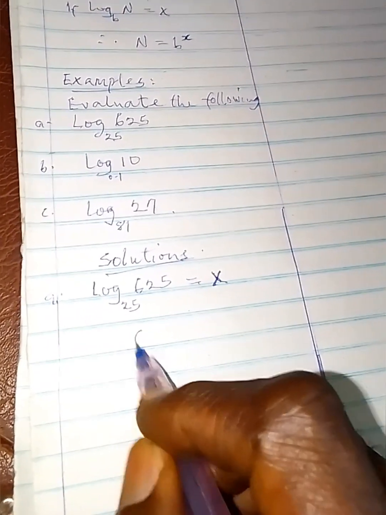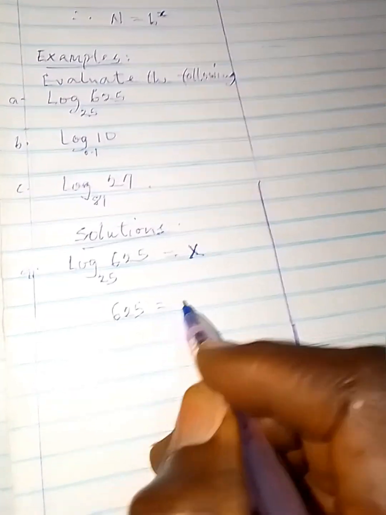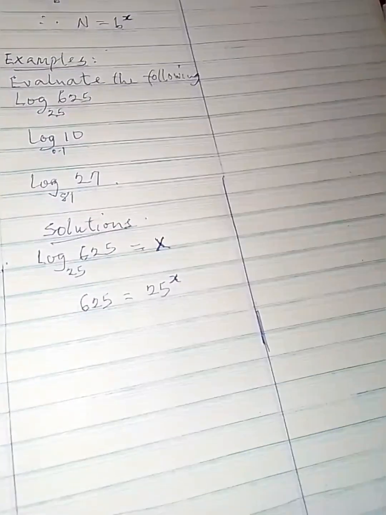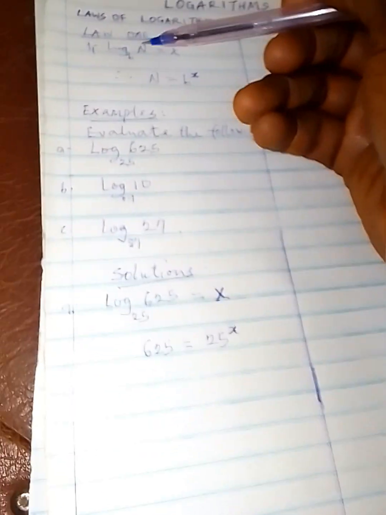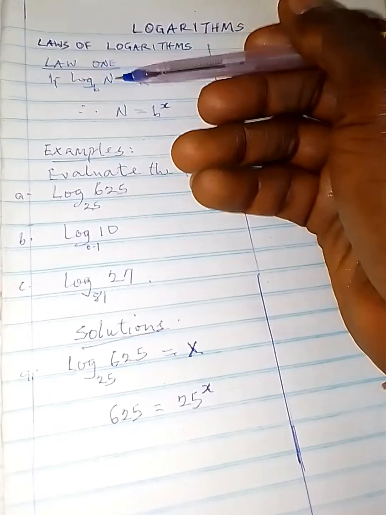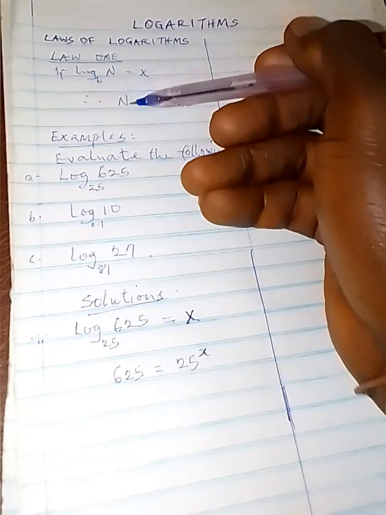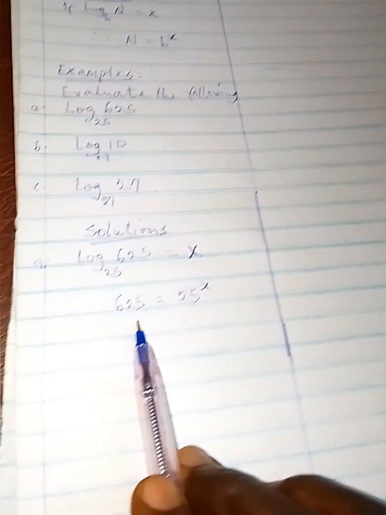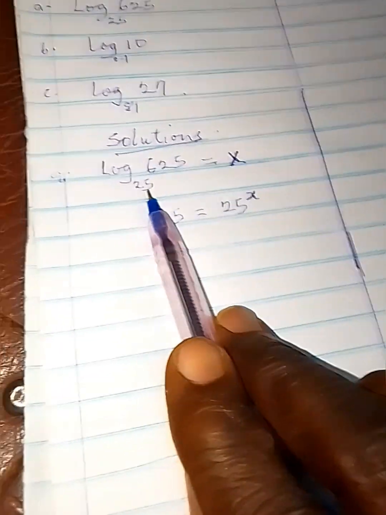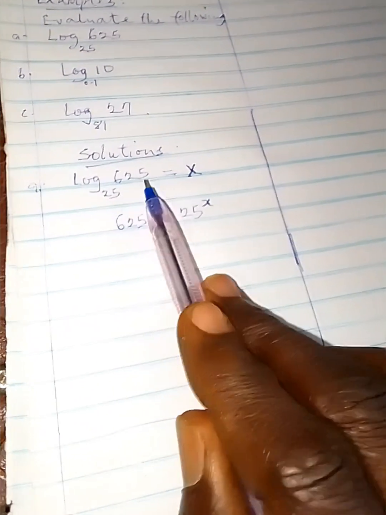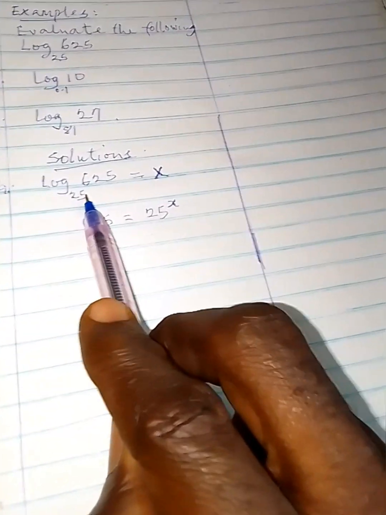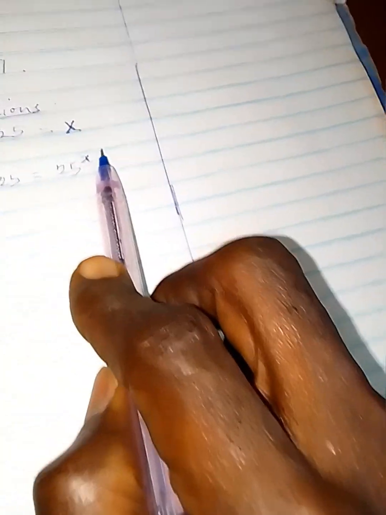It says that you do away with the log, and 625 will now equal 25 raised to power x. In the law, it says log n base b equals x, then n is equal to b raised to power x, and that is exactly what we did here. Log 625 base 25 is x, then we have 625 equals 25 raised to power x.